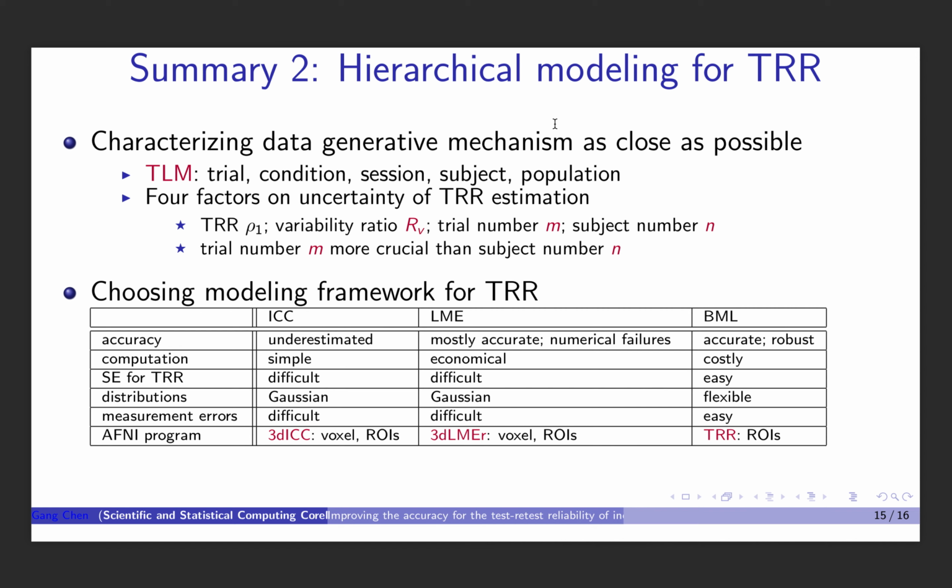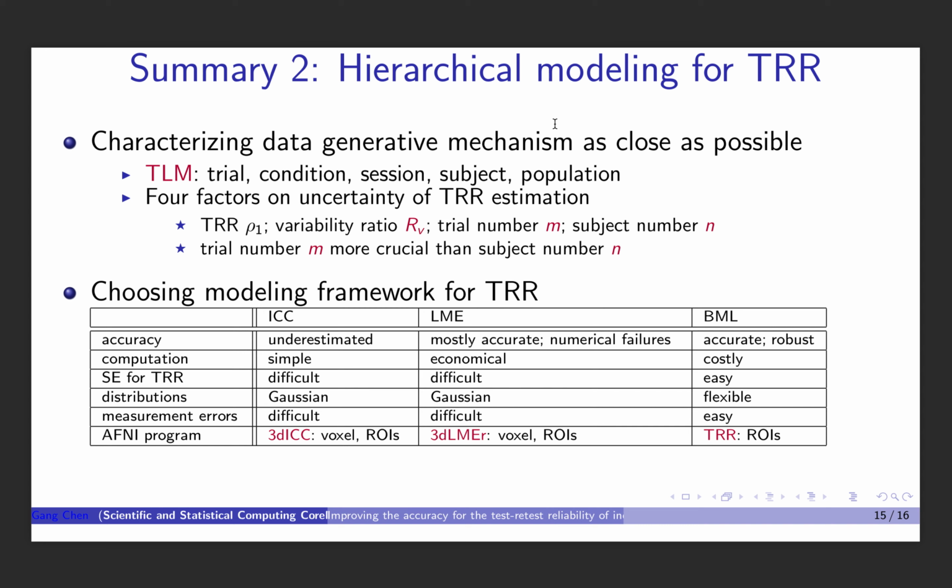Lastly, I just want to summarize those 3 modeling frameworks. The traditional ICC issue we discussed is mainly the underestimation, because we can't directly account for the trial level effects under the ICC modeling framework.